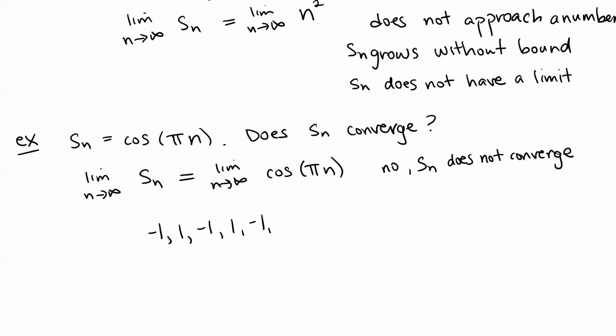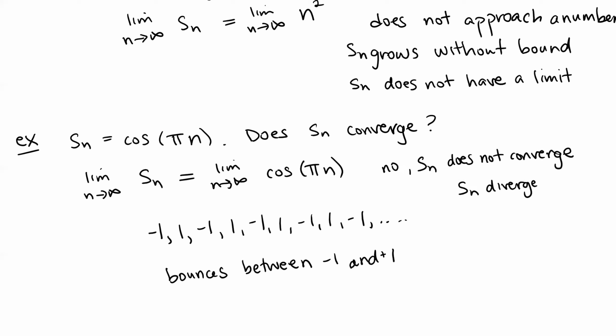And so we can see that this sequence is just bouncing back and forth between positive 1 and negative 1. So this sequence is not getting closer and closer to any number because it's simply bouncing back and forth between positive 1 and negative 1. So this sequence diverges.